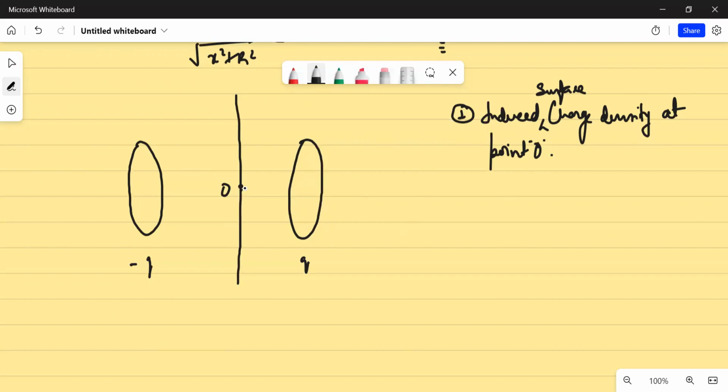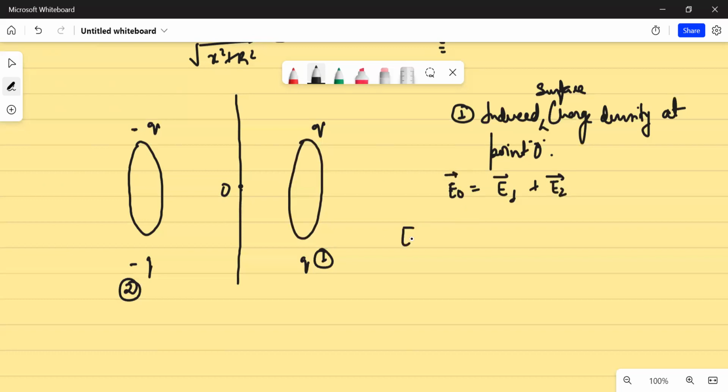So I know that the electric field at this particular point, because of this charge q and because of this minus charge q, I can write clearly, let's say this is 1 and this is 2. So electric field at point O would be equal to electric field due to 1 plus electric field due to 2.